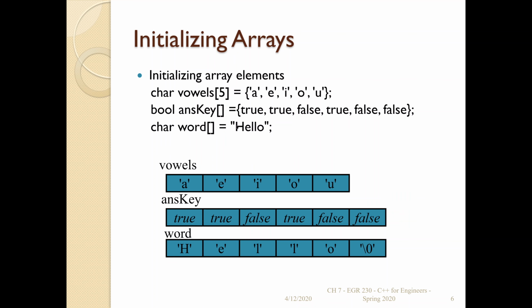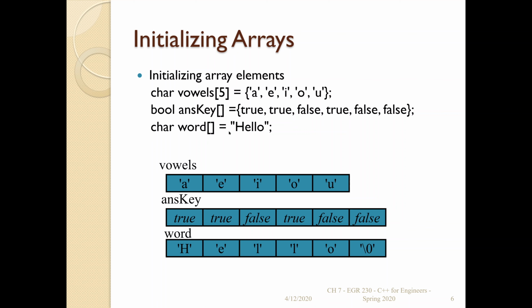You can initialize it like this. The only thing I'll tell you is that when you use double quotes like this, it's going to assign the first one to the letter, the next letter, the next letter, the next letter. And when you use double quotes, it's actually defining it as a string. So in the end, it puts this null character, which is actually just \0, a 0 value, into memory.